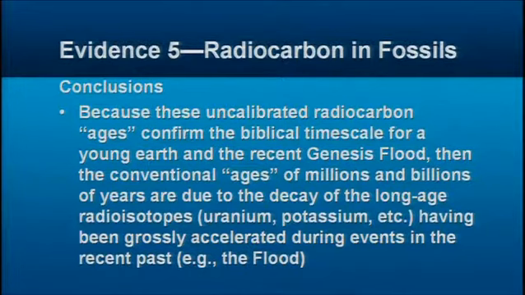Well, we can conclude that because these uncalibrated radiocarbon ages confirm the biblical time scale for a young earth in the recent flood, then the conventional ages of millions and billions of years derived from the long ages of decay of the uranium and the potassium and the rubidium, etc., must have been grossly accelerated if the radiocarbon has given us a closer estimate compared to the biblical timescale. So again, we have a 5th line of evidence of accelerated nuclear decay during the flood.